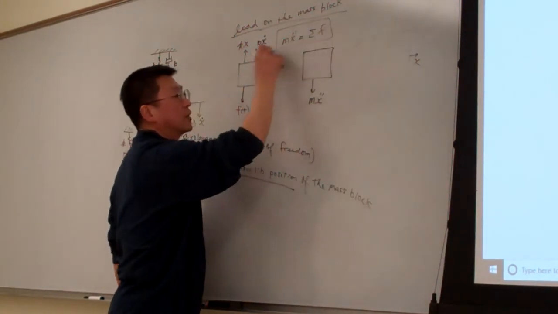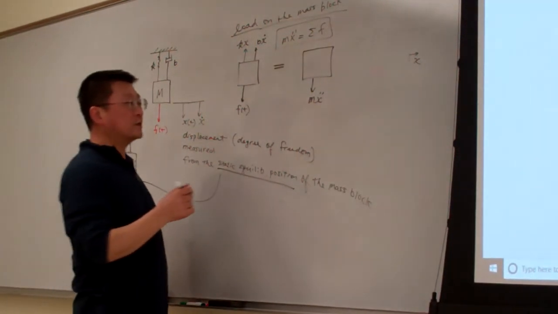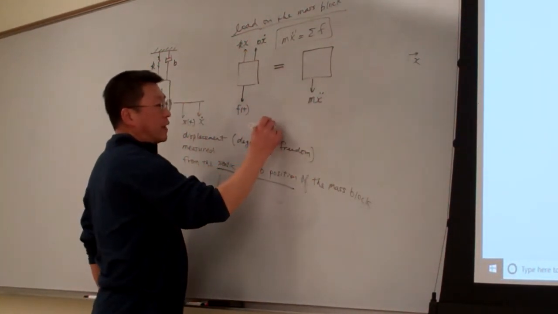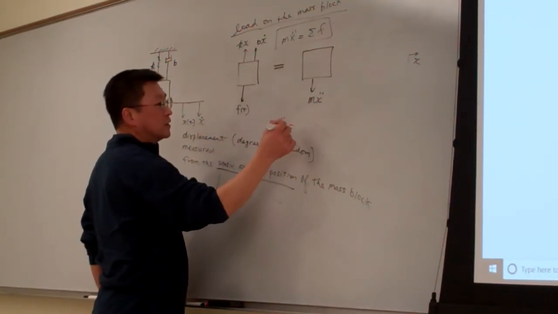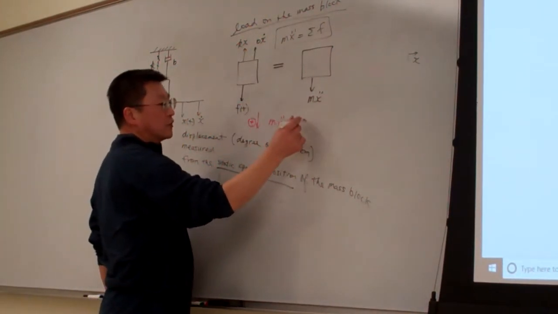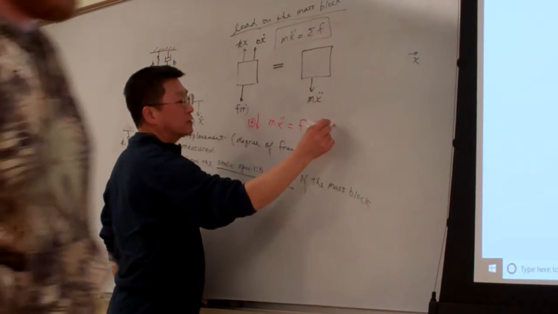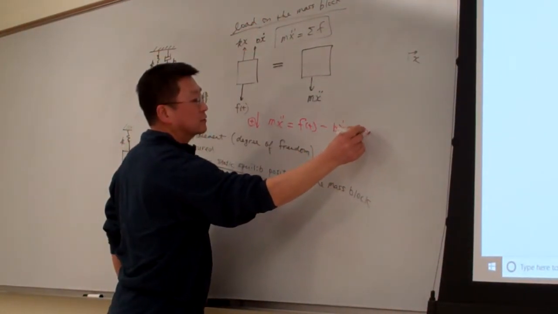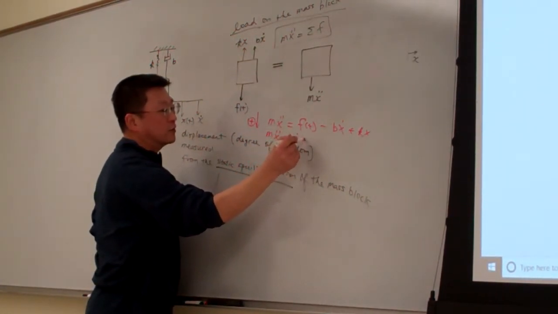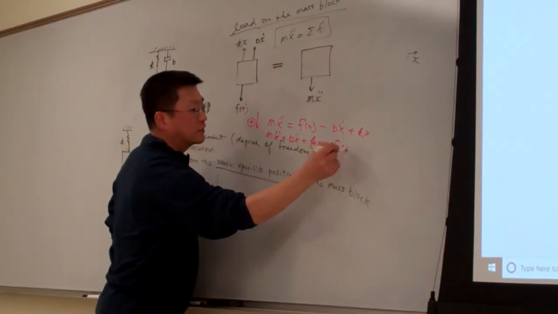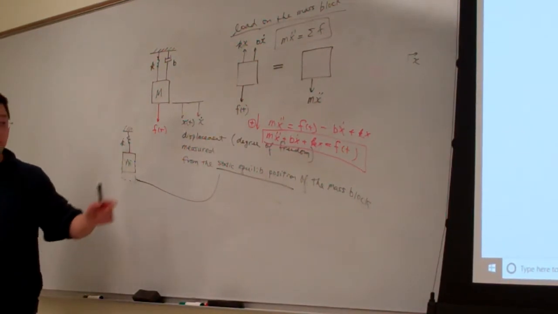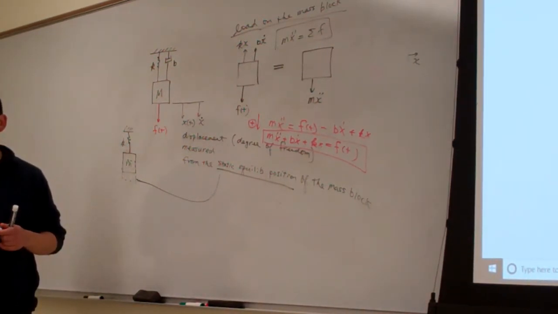Writing the equation, with the sign convention positive downward: m x double dot equals f of t minus b x dot minus k x. So we convert this to m x double dot plus b x dot plus k x equals f of t. This is the governing equation for this simple system.